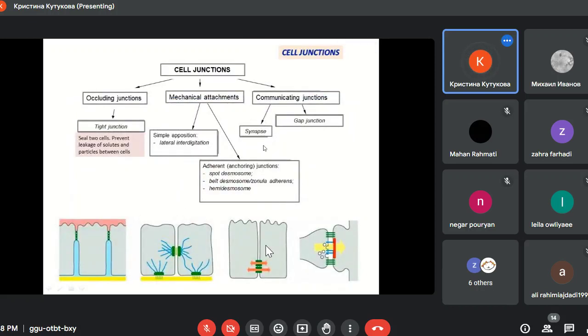But synapse is the specific junction between the neuron cells in nervous tissue, which is shown here, where the vesicles with neurotransmitter are opened into the cleft between the pre- and post-synaptic membranes, and neurotransmitter acts upon postsynaptic membrane, causing the generation of action potential. But we will not talk about synapse now, we need only gap junction.